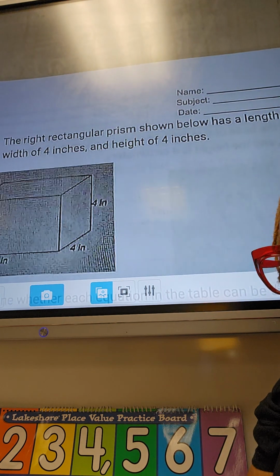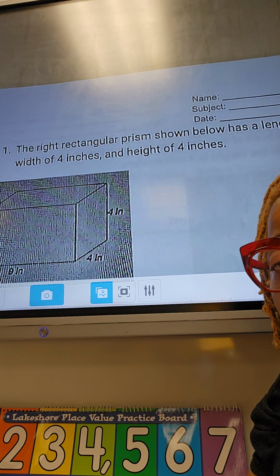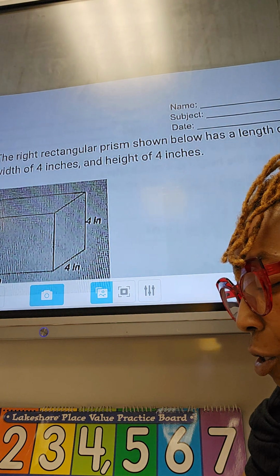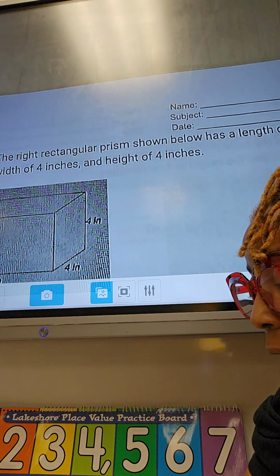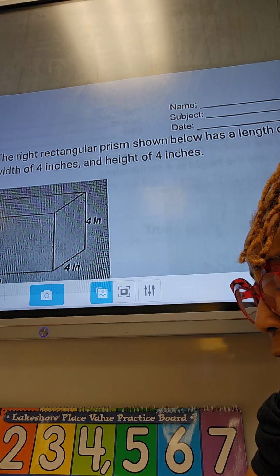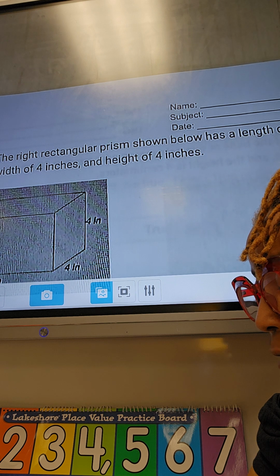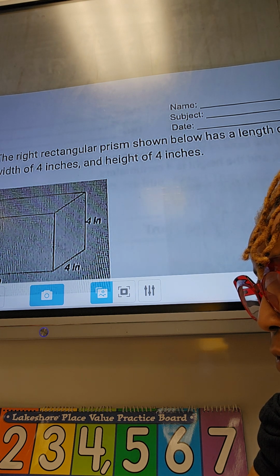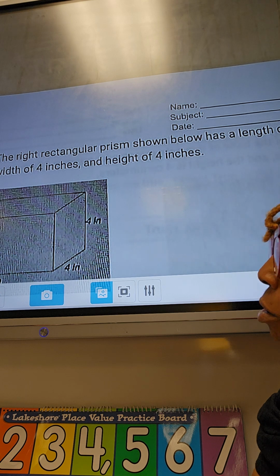Number one. The right rectangular prism shown below has a length of 9 inches, width of 4 inches, and height of 4 inches. Determine whether each equation in the table can be used to find the volume of this prism. Choose yes or no from the drop-down menus next to each equation. Okay?